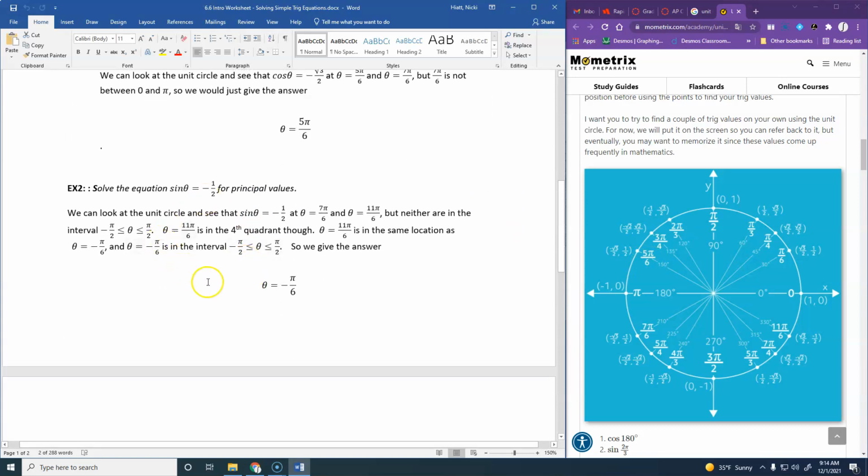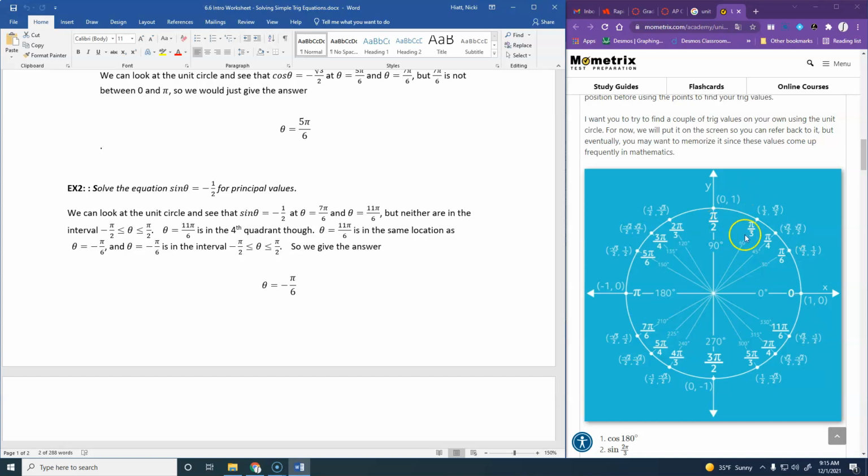For our second example, we've got sine equals negative 1/2 for principal values. So we're looking at the y-coordinate for sine, and we're going around. Right here we see that we have negative 1/2, which is 7 pi over 6. We also see it show up over here at 11 pi over 6. However, neither one of those is between negative pi over 2 and pi over 2.